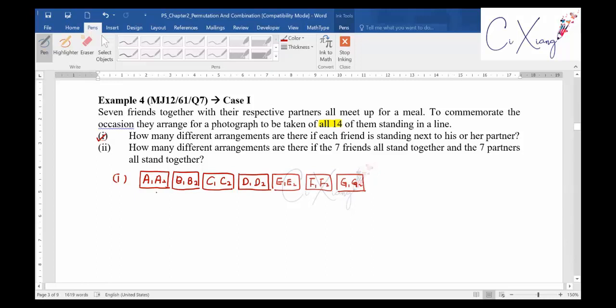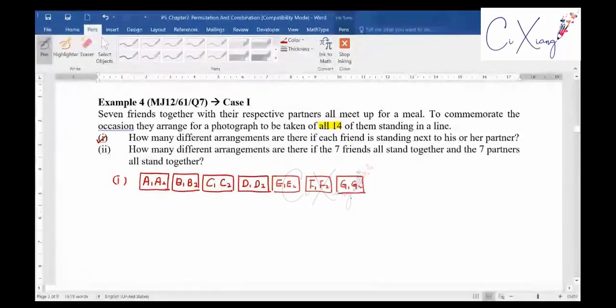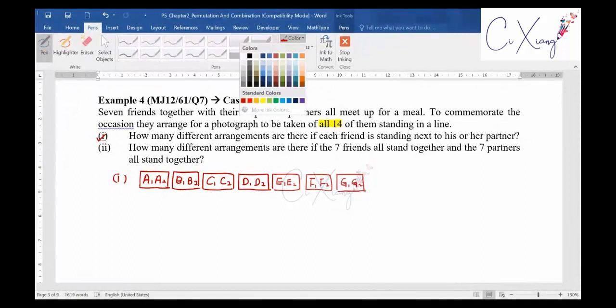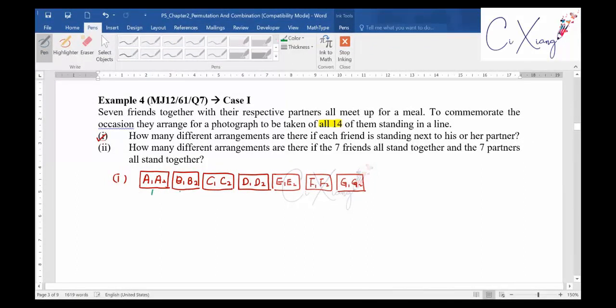They want to stand next to his or her partner, and this is how they stand. Overall, how many groups do you have here? You can see 1 group, 2, 3, 4, 5, 6, 7. Therefore, you have 7 groups.